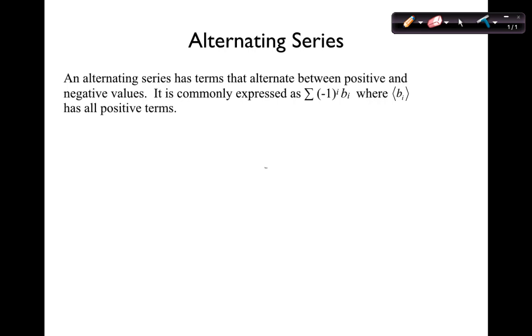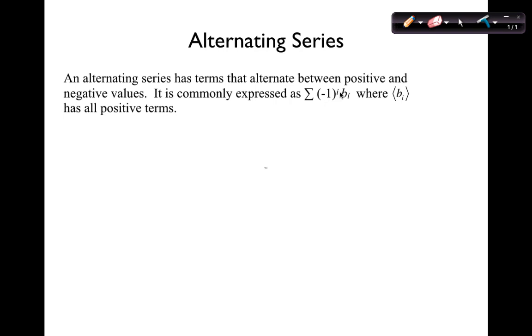So in our sequence, you get a positive, then a negative. We saw those before, right? Positive, negative, positive, negative. So this is how it's commonly expressed: (-1)^i or (-1)^(i+1) or (-1)^(i-1), times b_i, where the sequence b_i has all positive terms. So this is the thing that makes it alternate, right? We saw that before when we first started doing sequences.